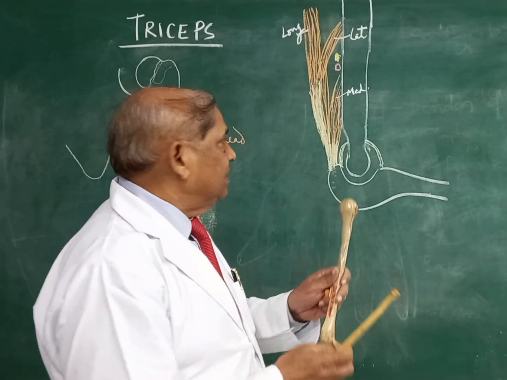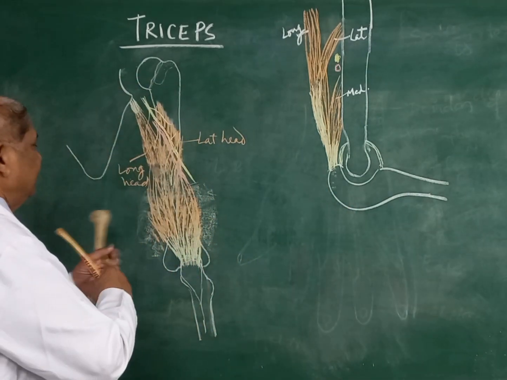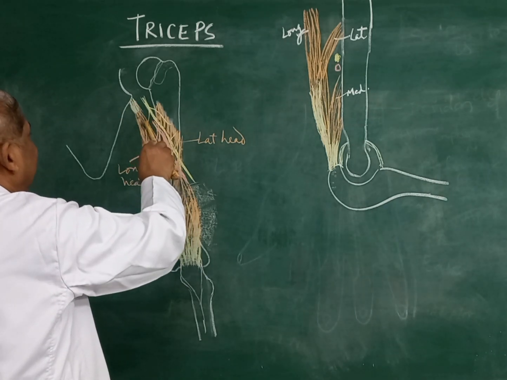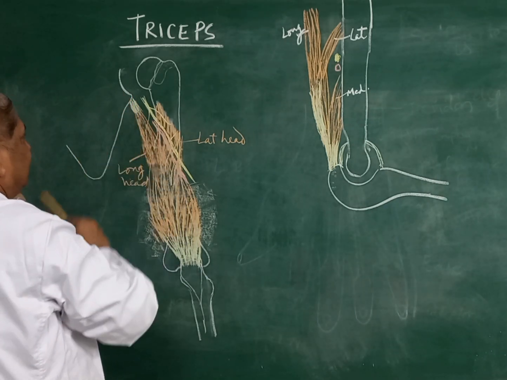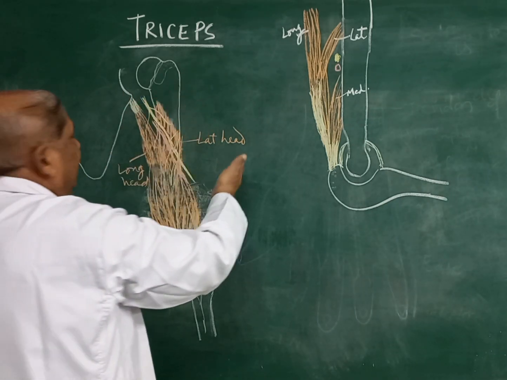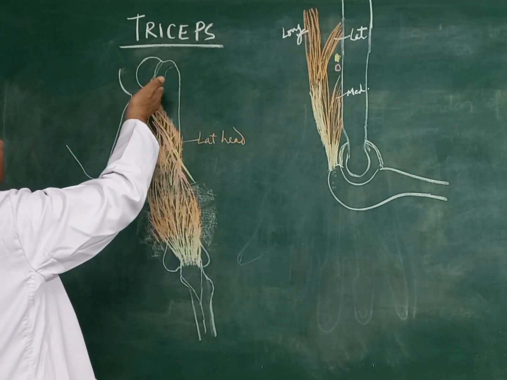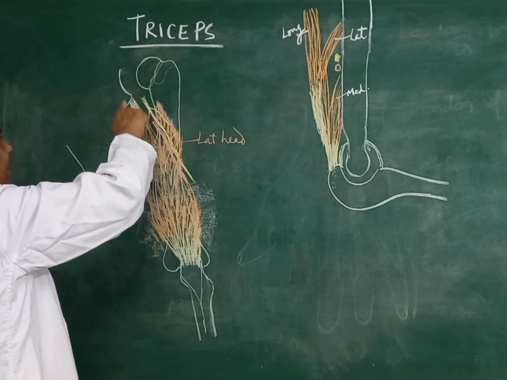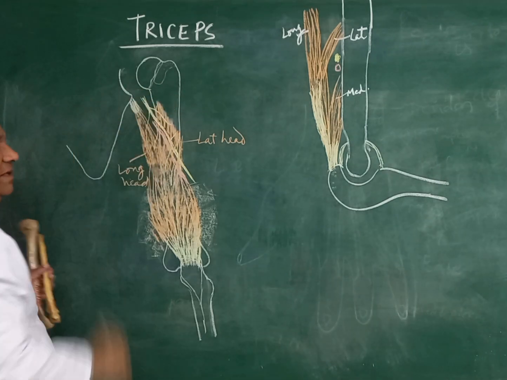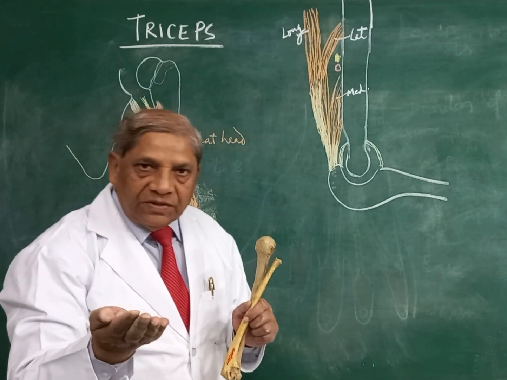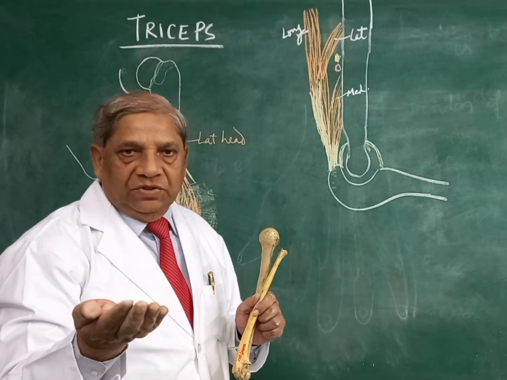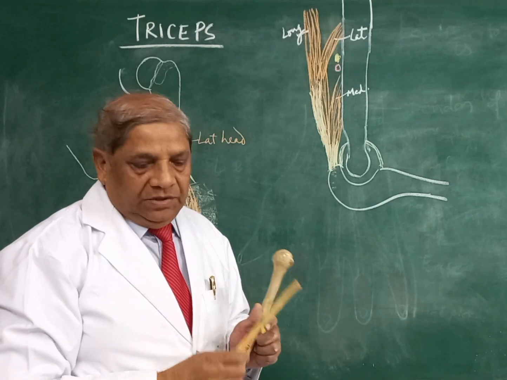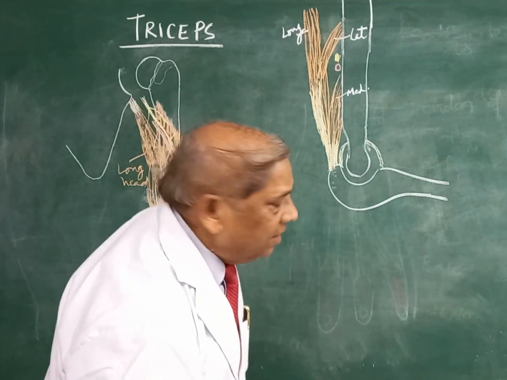But when the arm is abducted, say for example the arm goes away, then this tendon of the long head of the triceps forms a support to the shoulder joint, because then the humerus will go like that, and then this long head will lie in relation to the inferior surface of the capsule of the shoulder joint, and will support the joint here from below.